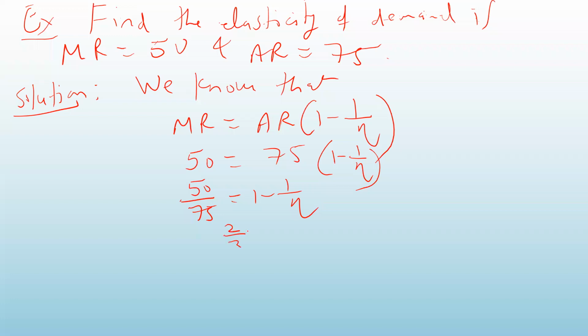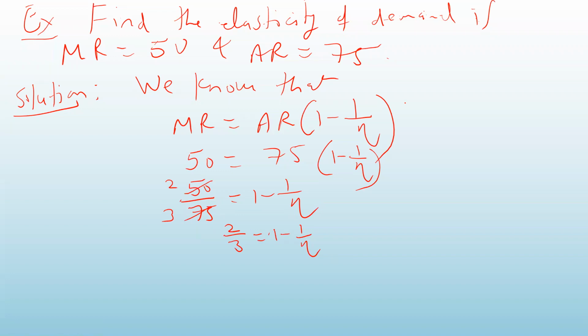See, 25 is a common factor: 25 into 2 is 50, 25 into 3 is 75. So you will get 2 upon 3 equal to 1 minus 1 upon eta. Now you have to solve this equation and find the value of eta.